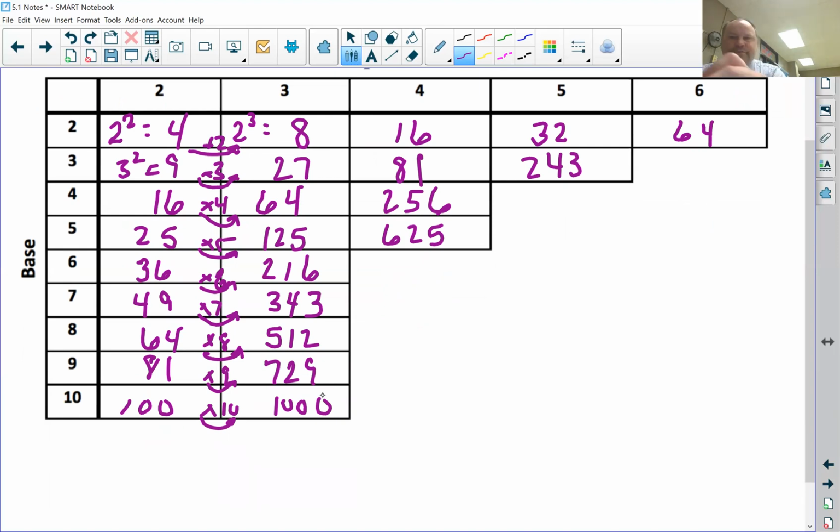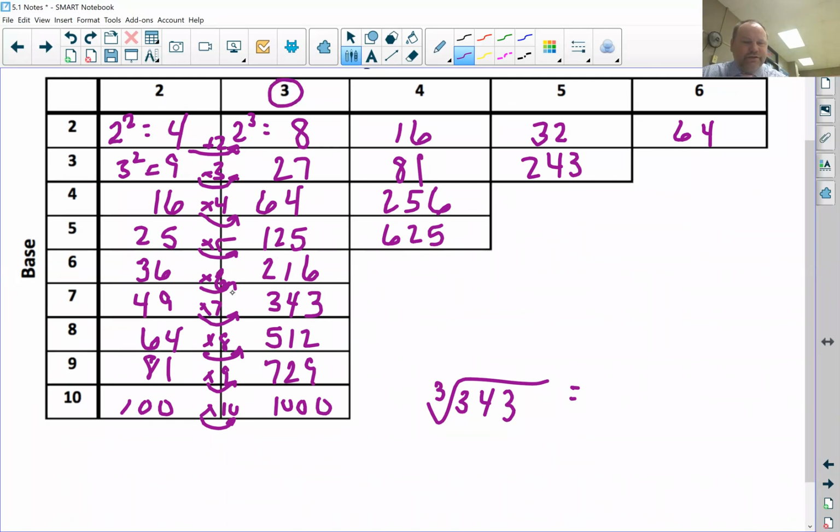Okay. So a way that you can use this chart, if I was asked, hey, find the cube root of 343, what you would do is you would find 343. You go in the cube column. Here's your index. Find 343.